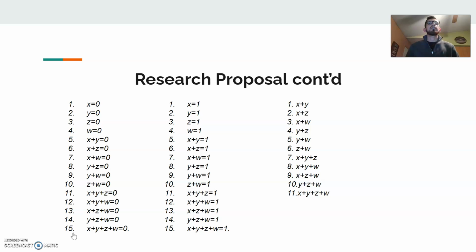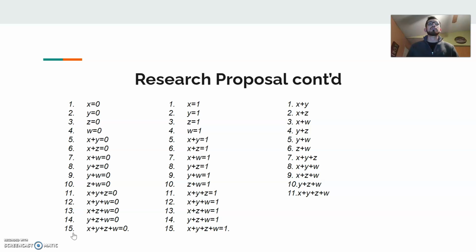Next, knowing this, we know Galois field 2 to the 4th has 30 planes that go through the point 0, 0, 0, 0, meaning that there are 30 ways of choosing a, b, c, d, and e. The equations that would correlate to this would be x equals 0, y equals 0, z equals 0, w equals 0, and so on.